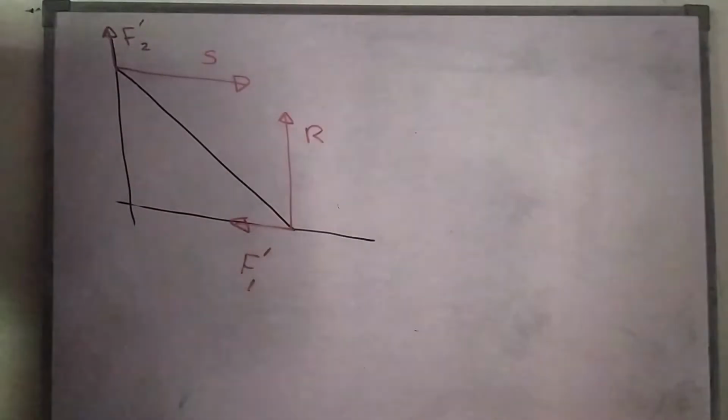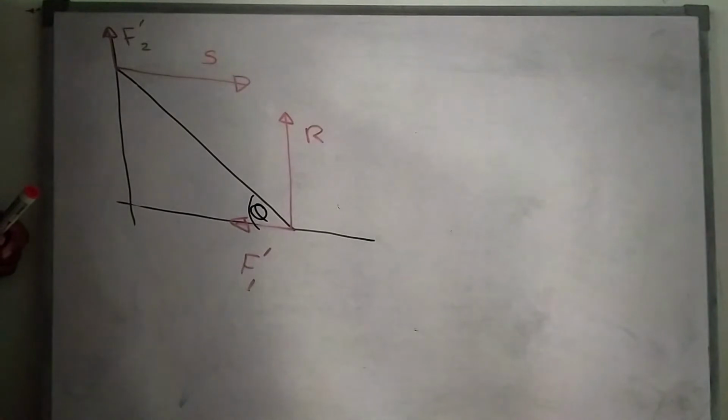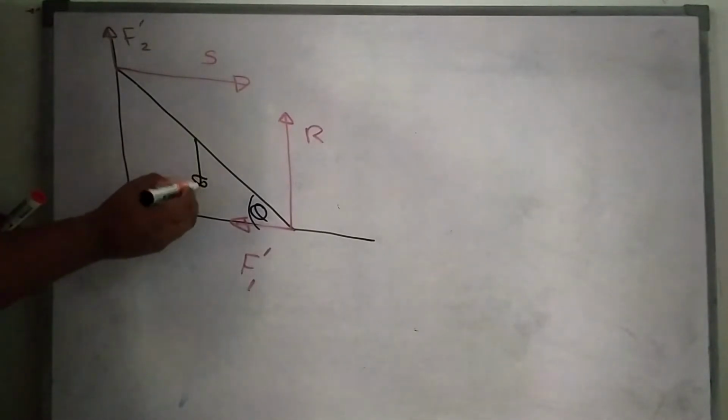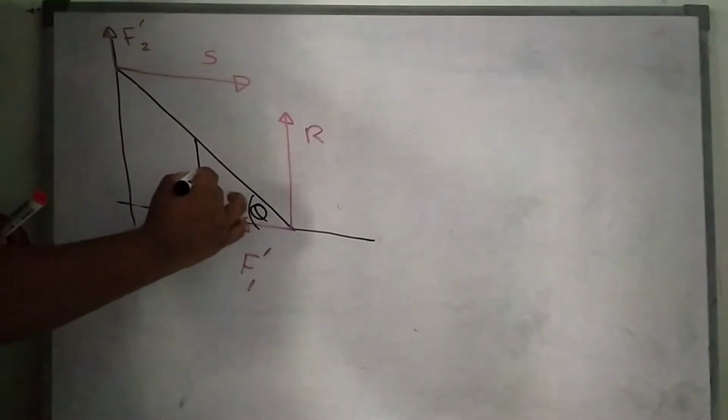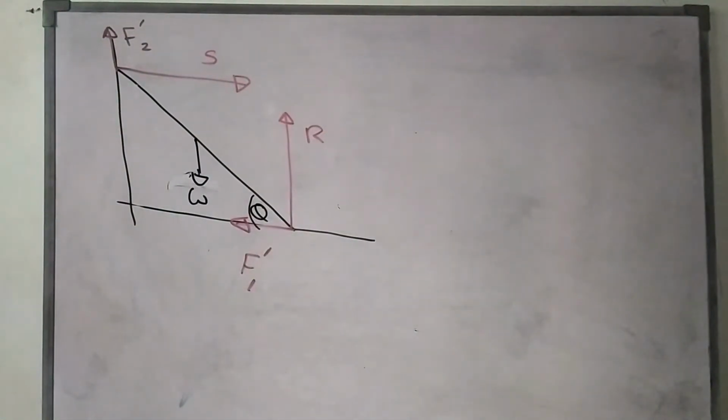This is the angle theta, which I just need to calculate. I assume the weight is W. So this is the diagram.